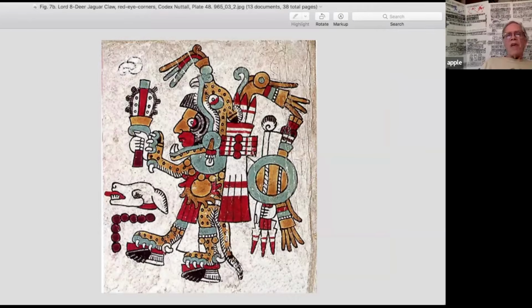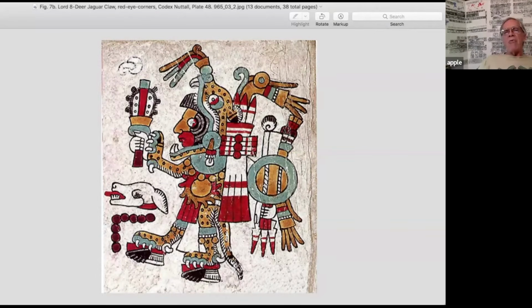But I want you to notice that one of the conventional features of faces in some Maya faces, and I'm talking about iconic faces as opposed to glyphs, is to paint the corner of the eye red. This is, by the way, are you seeing this glyph of the guy with the red eye? Okay, good. So he's got his famous shield, looks like a baseball.